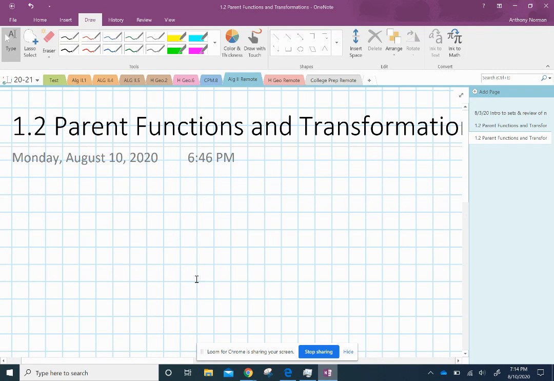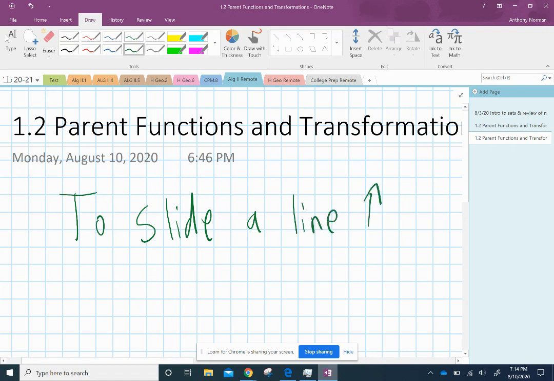So just a quick note. To slide a line up or down, we're going to add or subtract. So here's our parent function. Let's color code this a little bit.